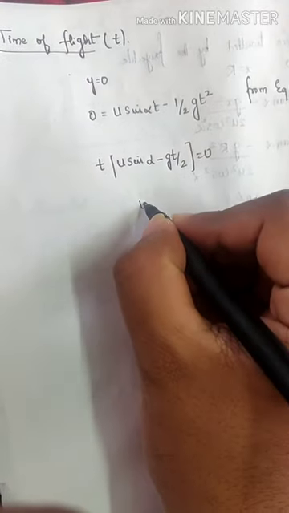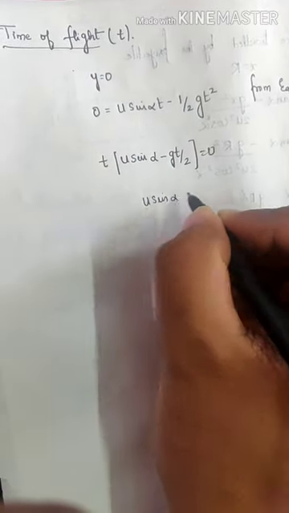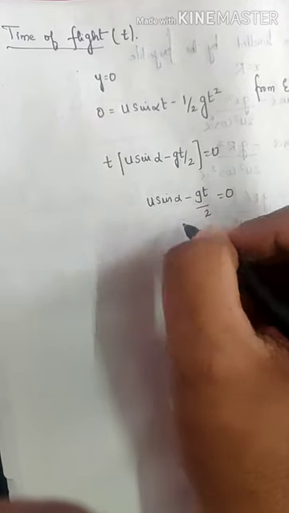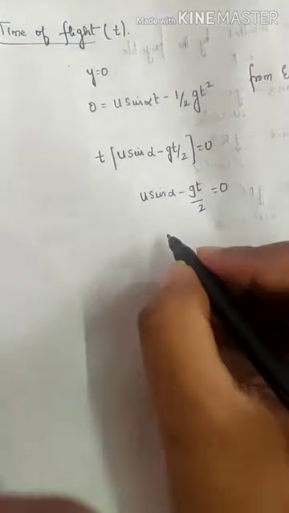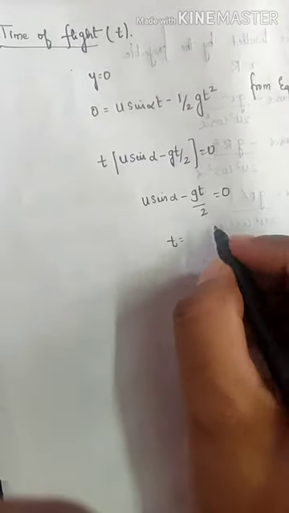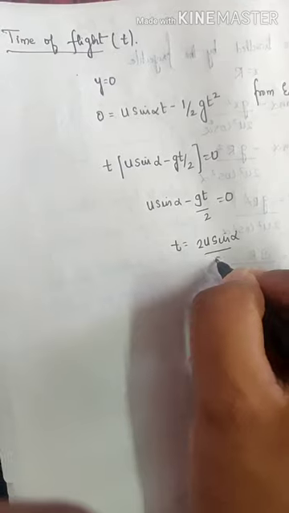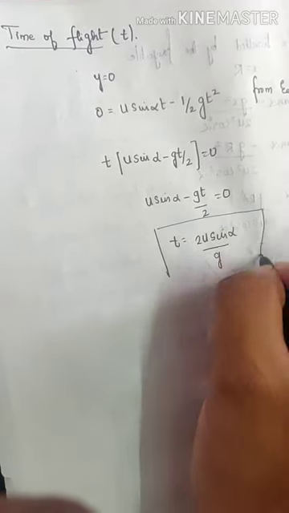So t goes to the other side, it becomes 0. So u sin alpha minus g t by 2 is equal to 0. 2 multiplied with this, 2 goes here. So t will be 2u sin alpha upon g. So this is the relation for t.